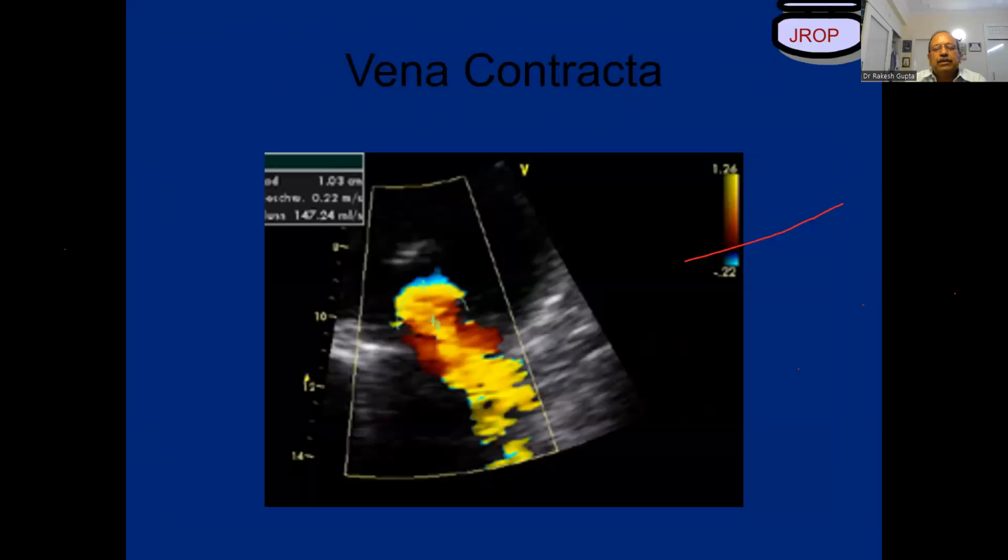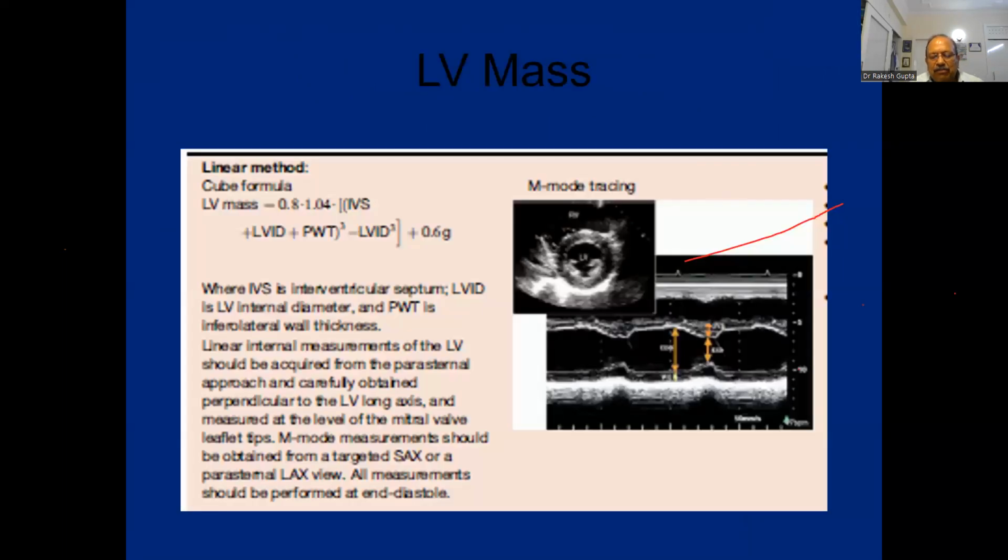Got it. Whenever we're talking of hypertrophy, concentric remodeling, eccentric hypertrophy, or concentric hypertrophy, first of all, we should understand we are not going to do that in the apical view. We do it in the parasternal short axis view at the papillary muscles, as somebody said, at the inferior as well as lateral wall of the papillary muscles. So we should see a good echo window and then take a cut section across this parasternal short axis view at papillary muscles.